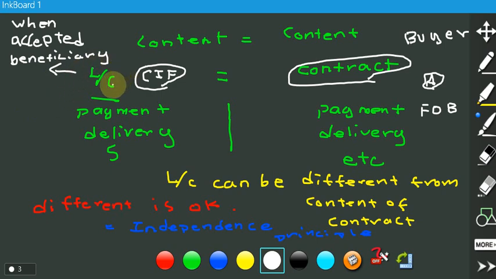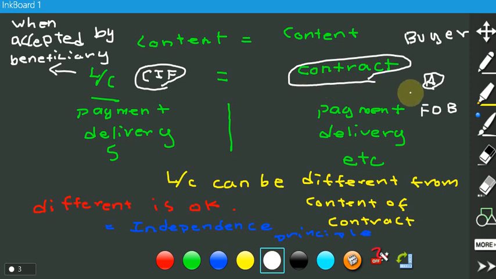So the letter of credit has no problem, even if changed, as long as it is accepted by the beneficiary. Understand? Because once the letter of credit is accepted by the beneficiary, even if the condition is different from the original. The original condition is the contract condition, right?